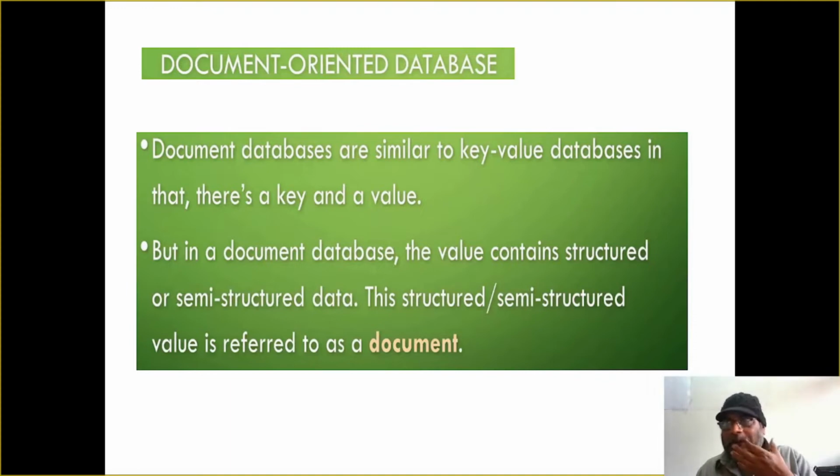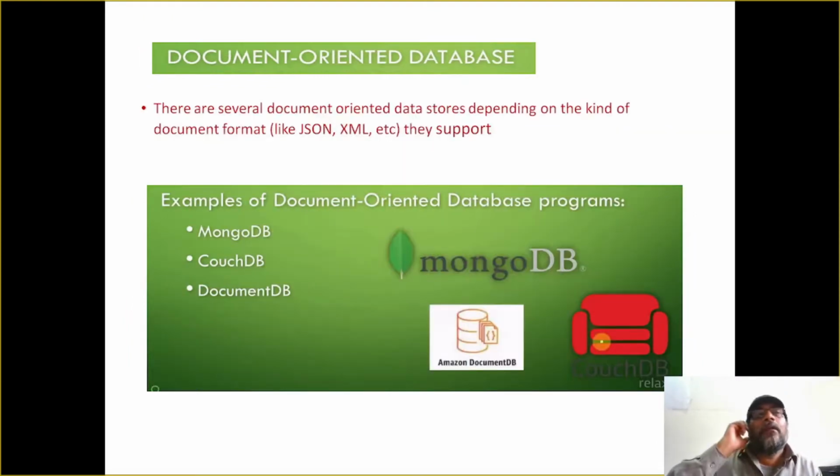So there are several document oriented databases depending on what kind of document structure they support. This structured semi-structured value is referred to as a document. And a very popular database is MongoDB, all of us are aware. There are several document oriented data stores depending on the kind of document format, like JSON, XML, etc., they support.